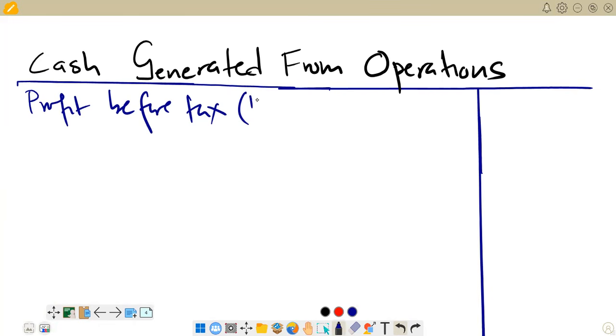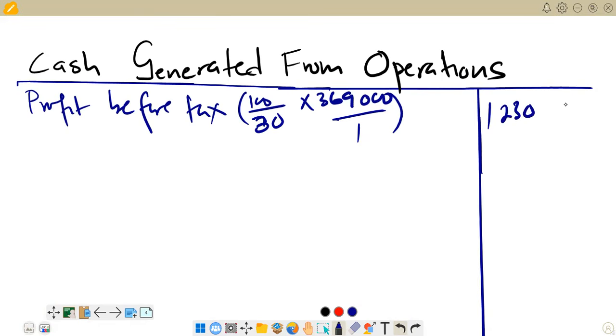We said 100 over 30. Then we multiplied by 369 over 1. So this is how we calculated that one, and then we got 1,230,000. So that's what we have at the beginning of the question.